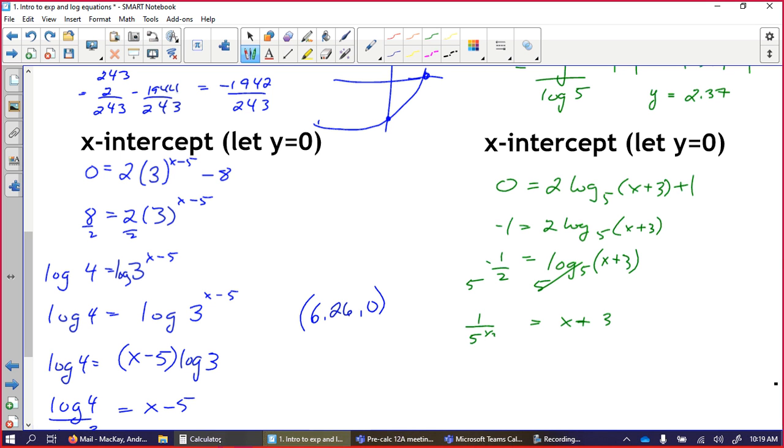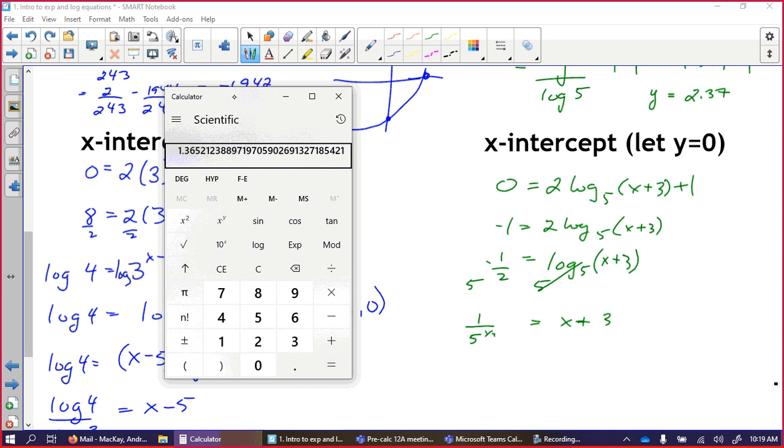That's going to be kind of messy. Well, that's 1 over root 5.